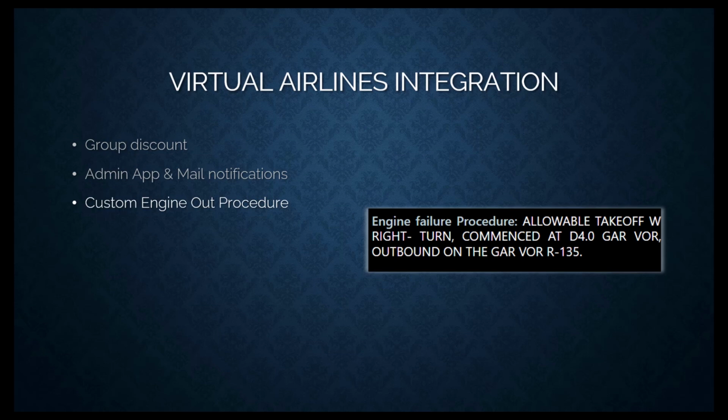This is a pretty complex subject to be covered right here, but basically it's not only regarding the text, you also have to add the obstacle data related to that engine failure procedure. More full guidance will be available either through documentation or in direct talk for the first collaboration.